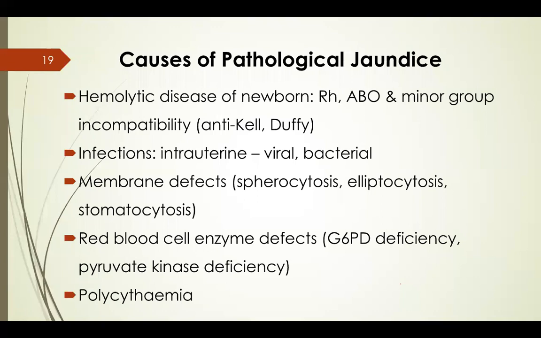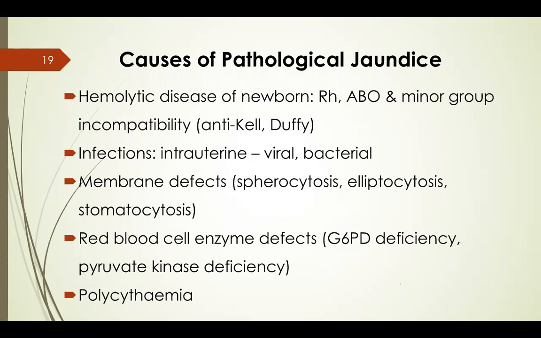You can see hemolysis but it's not ABO. If mother is blood group O, there's no rhesus, then you need to rule out incompatibility of minor group. Okay, infections such as GBS, mother having virus. COVID, for now, is not related with jaundice yet. We don't have any good evidence.